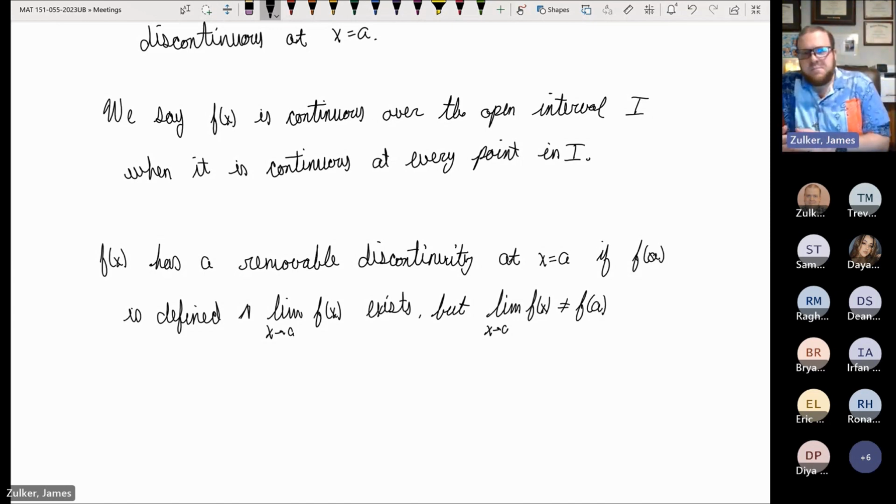A removable discontinuity is one at which f of a is defined and the limit at a exists, but the limit does not equal f of a.